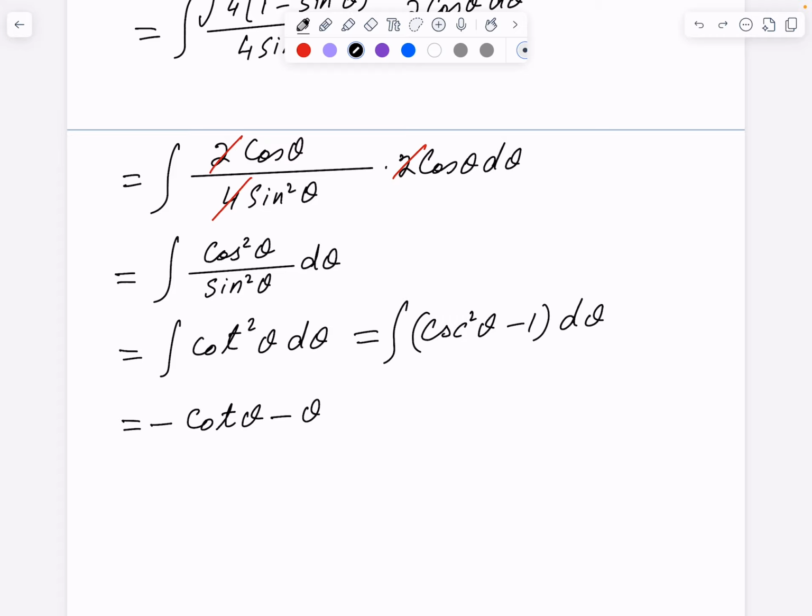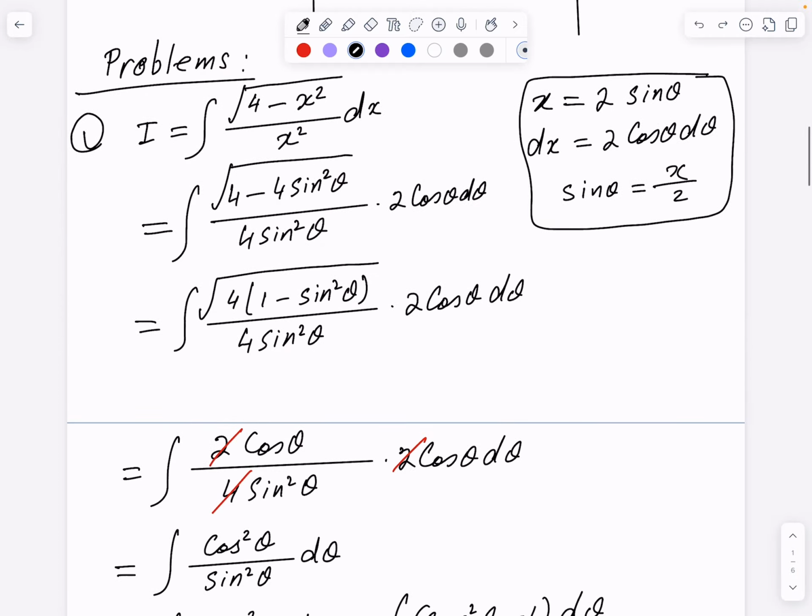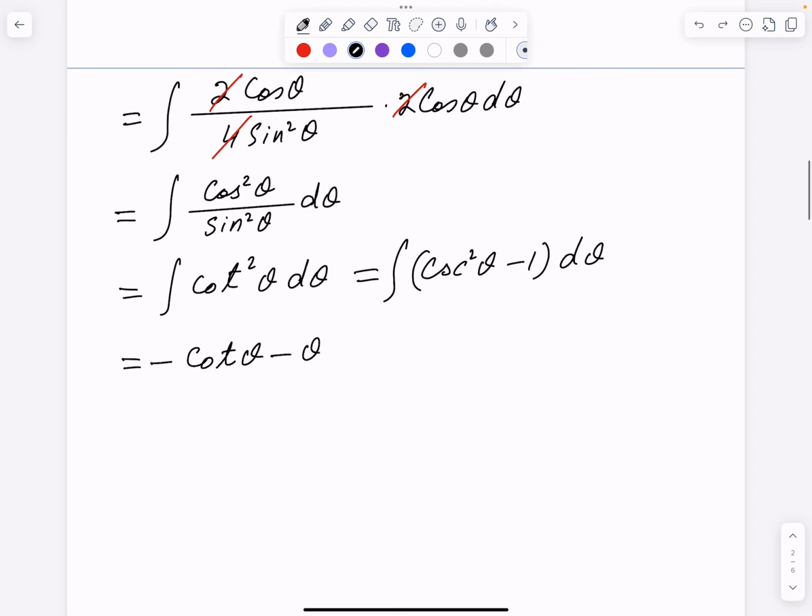We have to take it back to the original variable, which is x, and we had sine theta being x over 2. Therefore, we're going to plot a right angle triangle with this angle being theta. This is the 90 degrees.